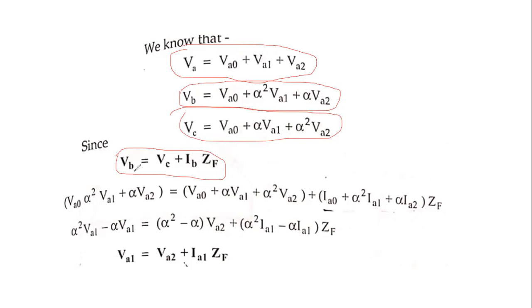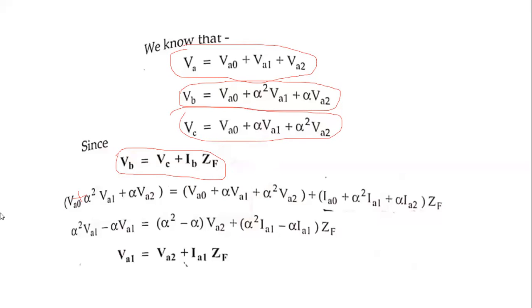VB is VA naught plus alpha square VA1 plus alpha VA2, which is equal to VC, that is VA naught plus alpha VA1 plus alpha square VA2, plus IB into ZF. Then we substitute IB.